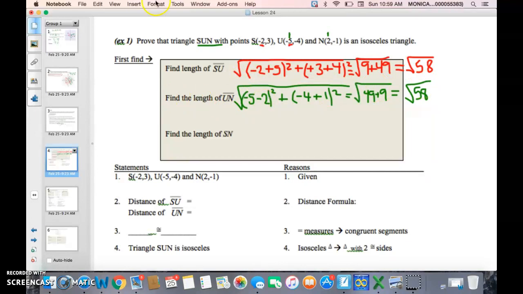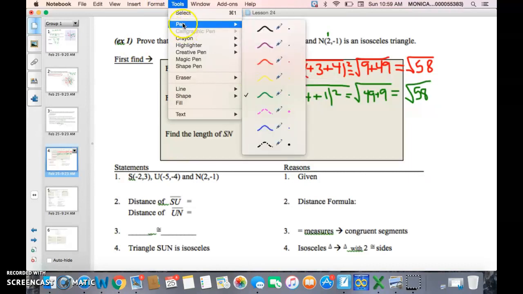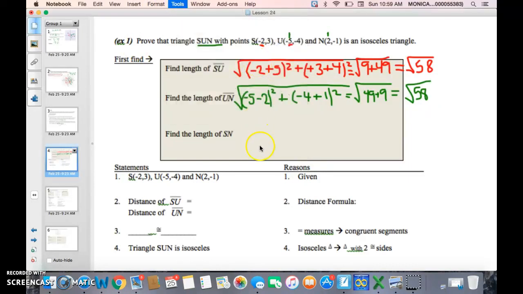I could, let's say I want to do that in purple. It's going to be the square root of, so let's get my x coordinates of S, which is going to be here, and N, which is going to be here. So it'll be negative 2 minus 2.